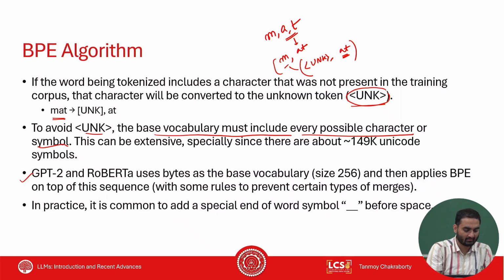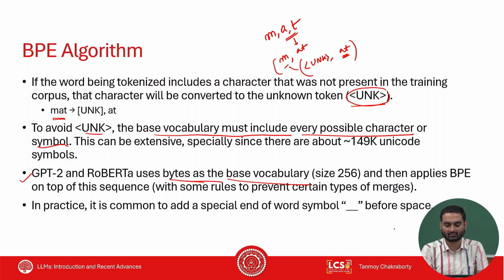In fact, in GPT-2 and RoBERTa, they basically use bytes, the byte concept instead of characters, right? These bytes are parts of their base vocabulary, and then on top of this they keep on applying these rules.